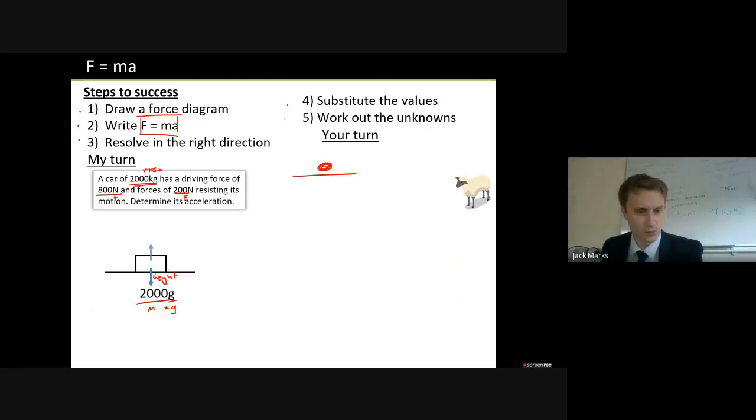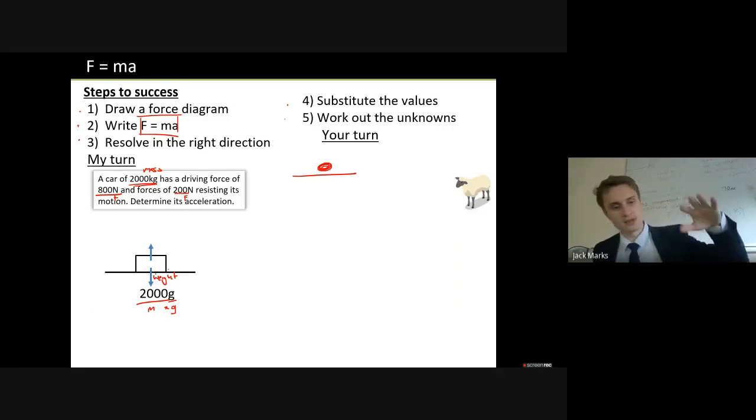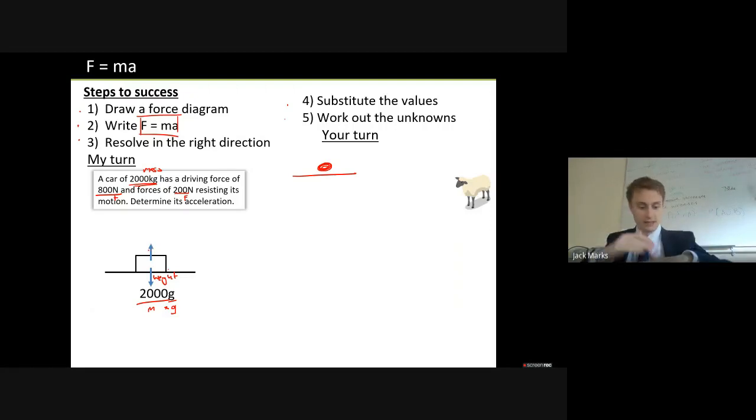Well, hang on a second. Why is the car not sinking into the ground? Why is it not accelerating towards the center of the earth? Because there's something acting against it. It's a plane, so it's a surface, and a surface has a reaction, a normal reaction. This is a little bit confusing because they're using R, but this is actually a normal reaction. It stops things sinking into the plane, which is a road in this example. What else?